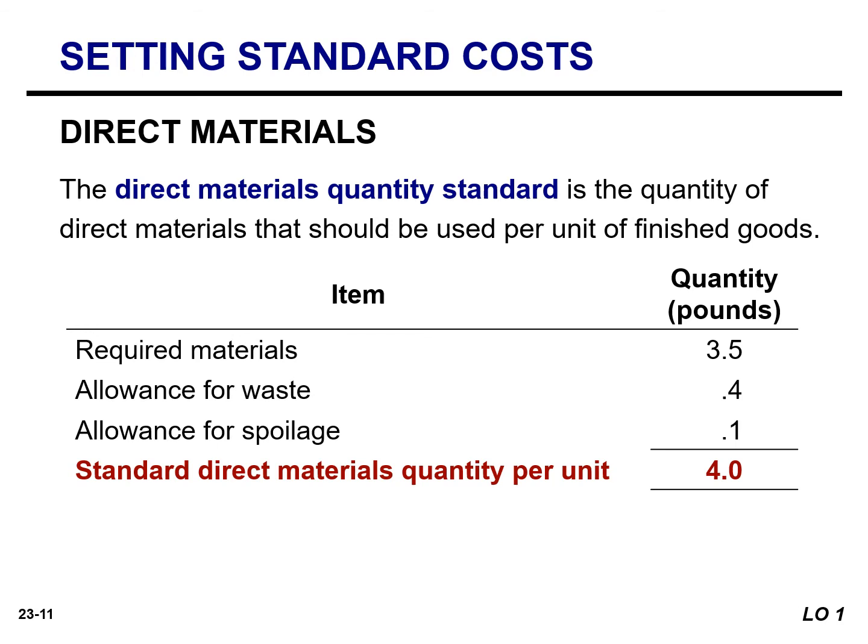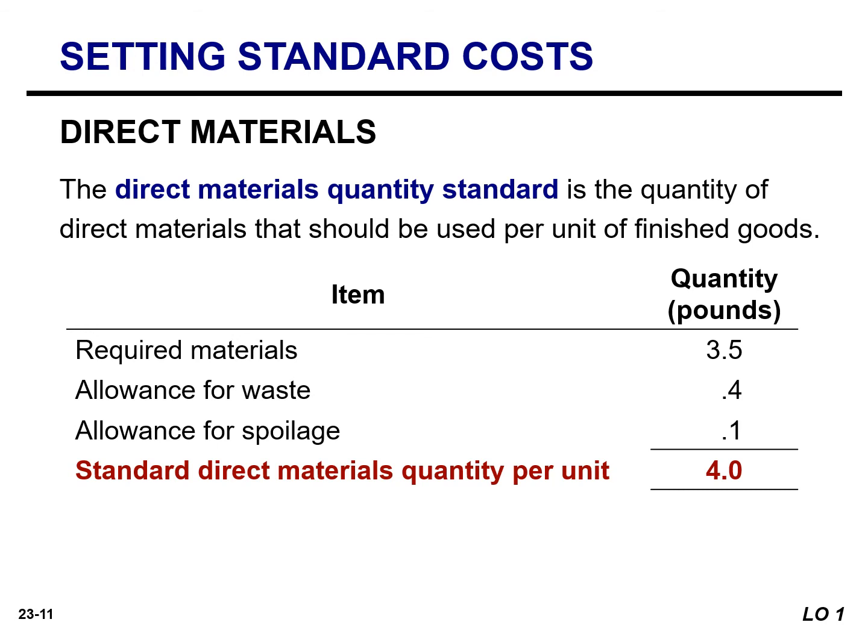The direct materials quantity standard is the quantity of direct materials that should be used per unit of finished goods. This standard is expressed as a physical measure, such as pounds or barrels. In setting the standard, management considers both the quality and quantity of materials required to produce the product.